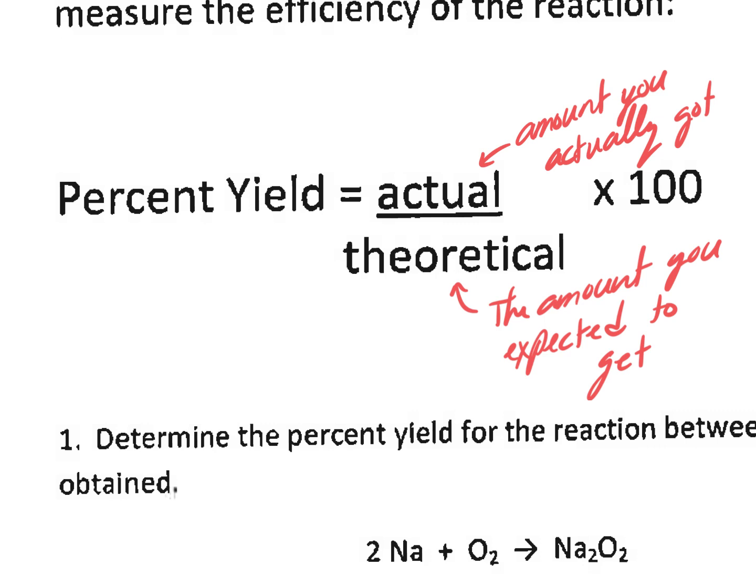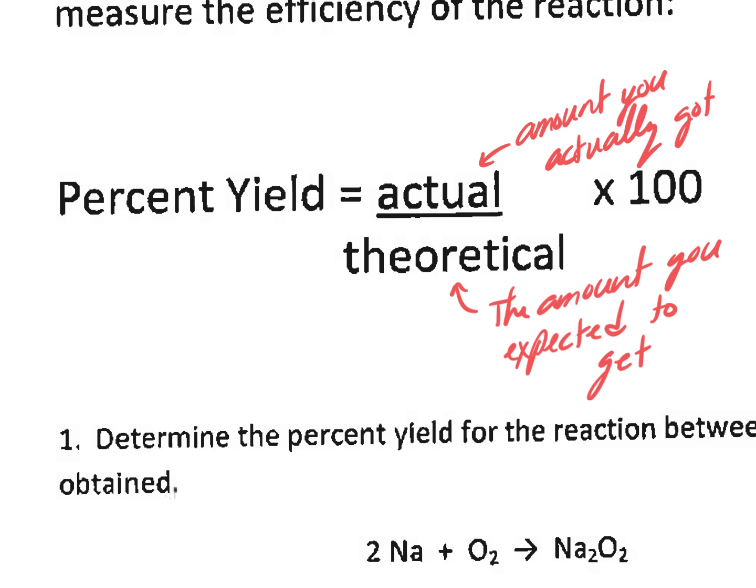Let's say that you wanted to make a certain amount of chemical. The stoichiometry is telling you that you should make, let's say, 10 grams of water, but then you made the water and you only got like 9.8 grams of water and not 10.